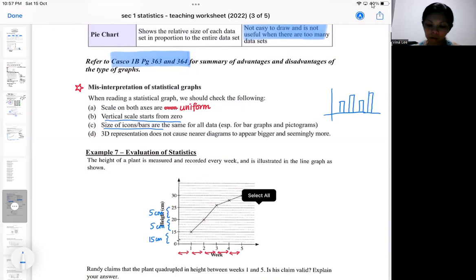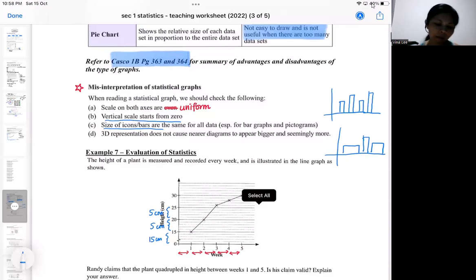It will be very misleading if our bar chart is sometimes fatter, sometimes thinner. It's very confusing. So in a bar chart or in a pictogram, you should have a uniform width. That happens most of the time.